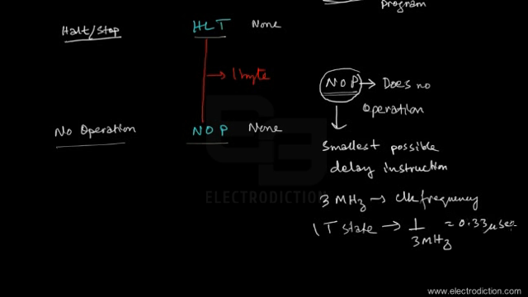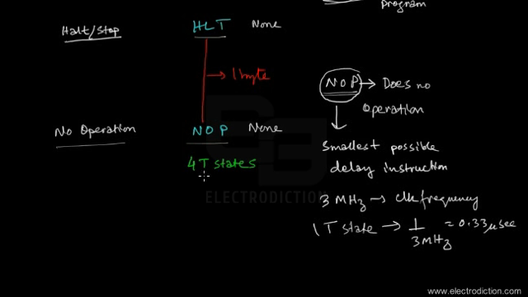Now this NOP instruction, in order to execute it, the 8085 consumes 4 T states, meaning it consumes 4 clock periods.